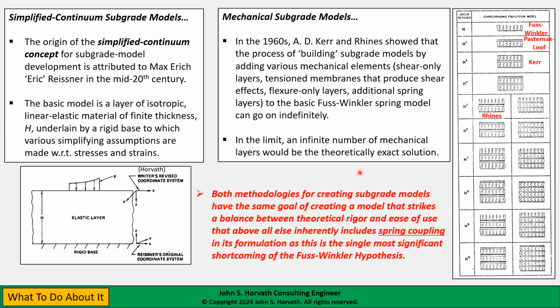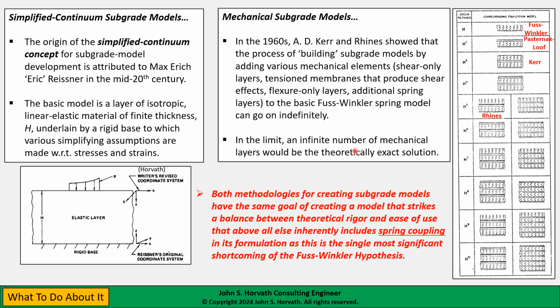Because research has shown that the single biggest shortcoming or deficiency of the Fuss-Winkler hypothesis, that is, a bed of independent axial springs, is the lack of spring coupling. That is, some tying together of the springs.